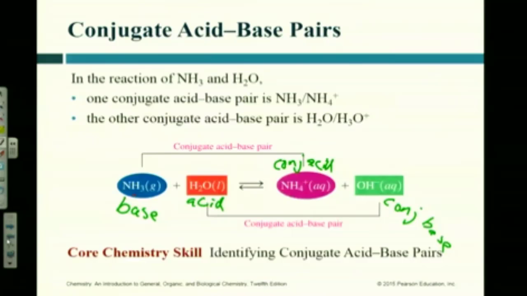This one differs from this one by one proton. Proton donors are acids. In this case, it donated, right? Because the difference between water and hydroxide is one proton, one H plus, hydrogen ion. So it gave up a hydrogen ion. It's a proton donor, hydrogen ion donor.